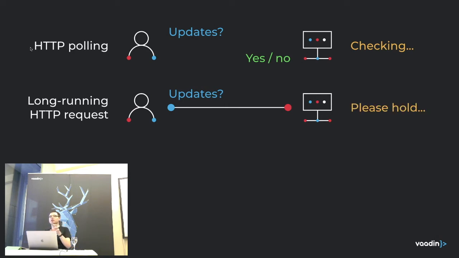But the server just says, please wait. I'm not sending you a response yet. But then when something happens, when there is an update, then the server actually sends the response back. So the client just waits for a response. Of course, at some point there's a timeout and so on, but basically that's the approach. And in that way you can react immediately.